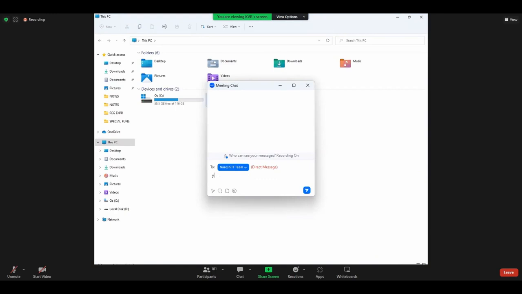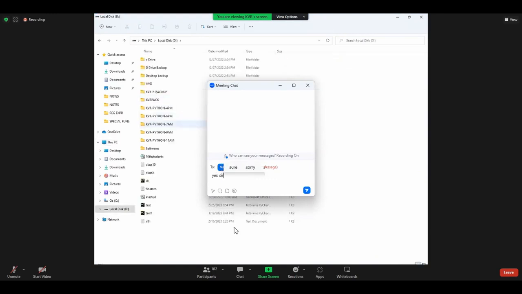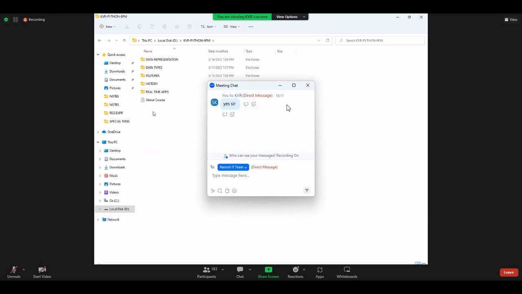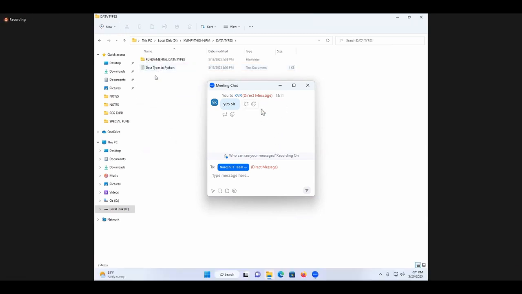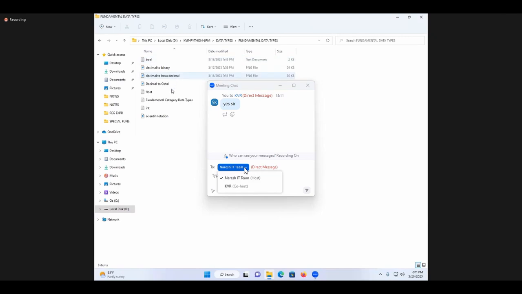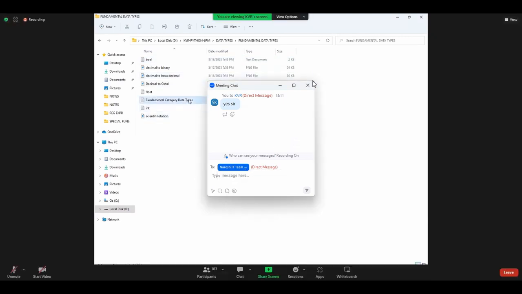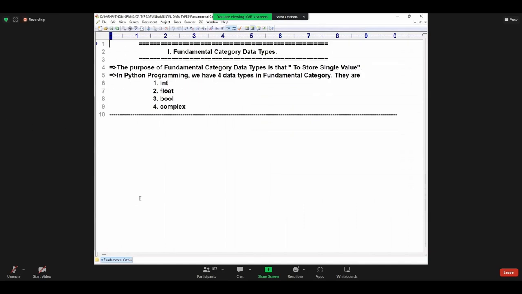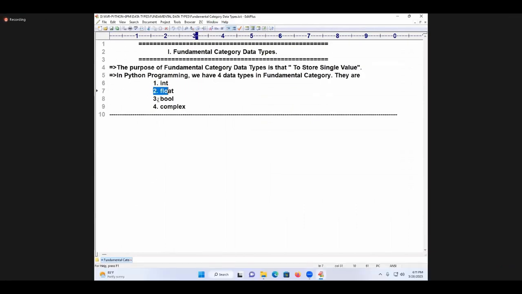I hope you remembered the previous class. Last session, we started with fundamental data types. There we completed the int type, and next are float and then bool.